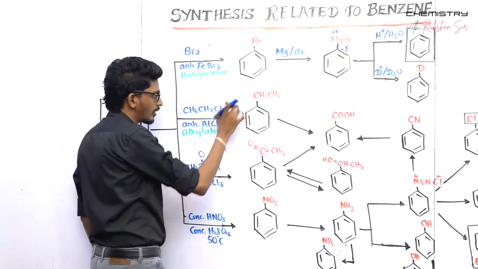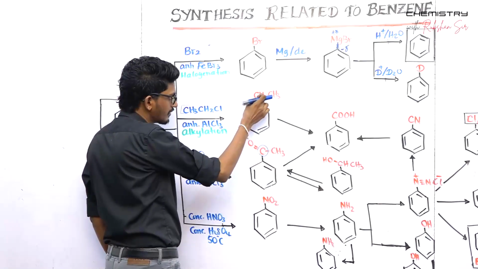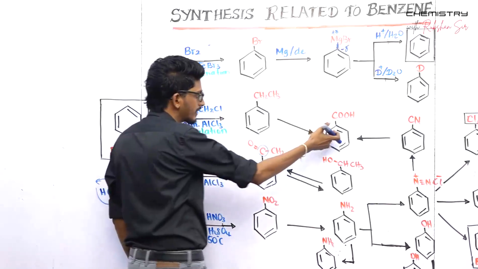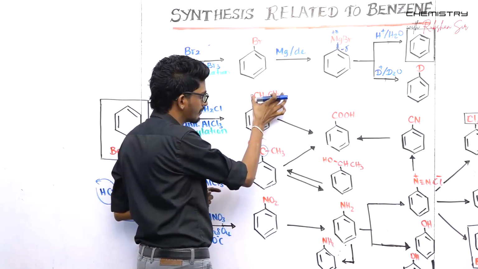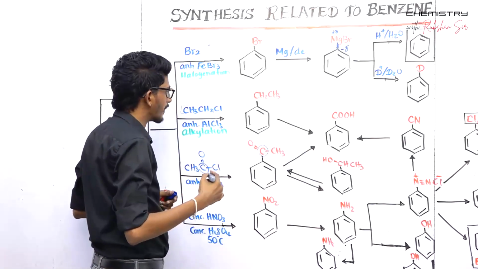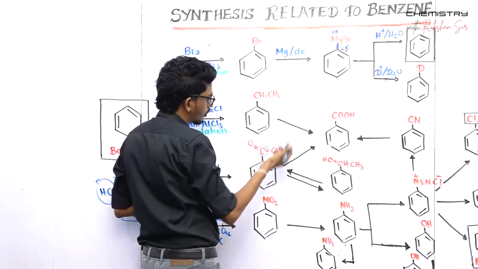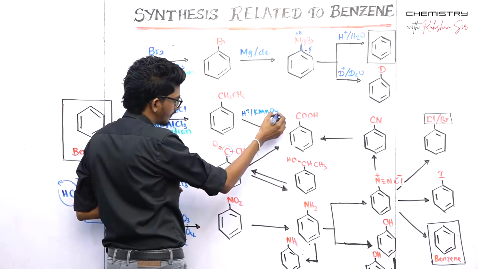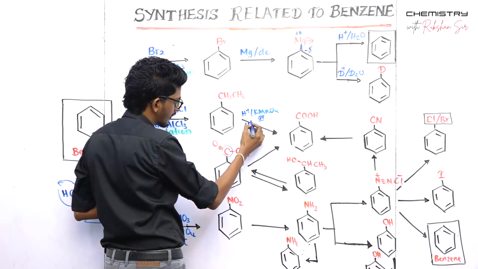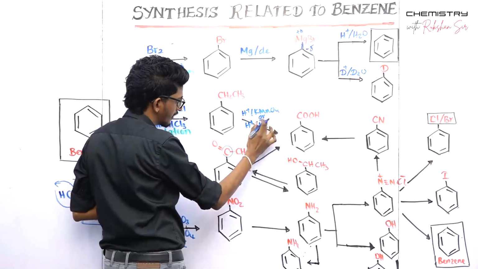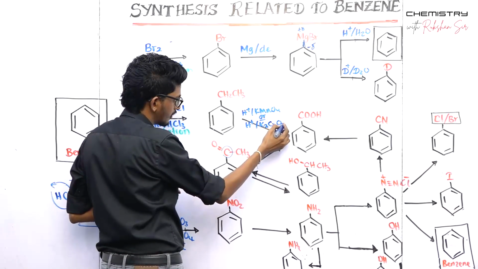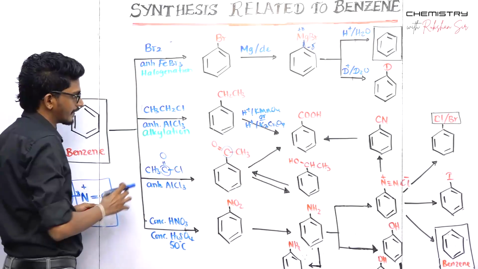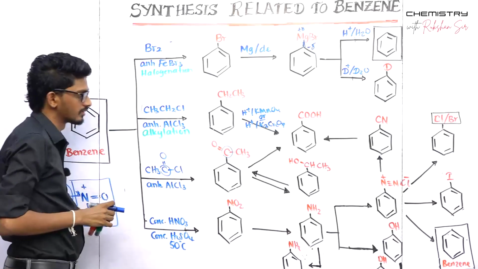With the alkylation, you can come up with this one, and that CH3CH2 group, the alkyl group, can be converted to the benzene carboxylic acid by adding some strong oxidizing agent. It could be H plus KMnO4 or H plus dichromate. By adding H plus KMnO4 or the dichromate, you can convert the alkyl group to a C double bond OH group. That is the possibility with the alkylation pathway.